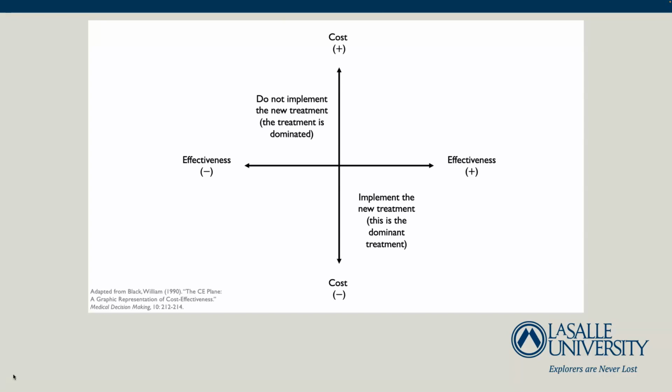So in the northwest quadrant, we should not implement this new treatment because it's dominated by the baseline treatment. And in the southeast quadrant, we should implement the new treatment because this is the dominant treatment. It's both more effective and less costly than the existing or baseline treatment.